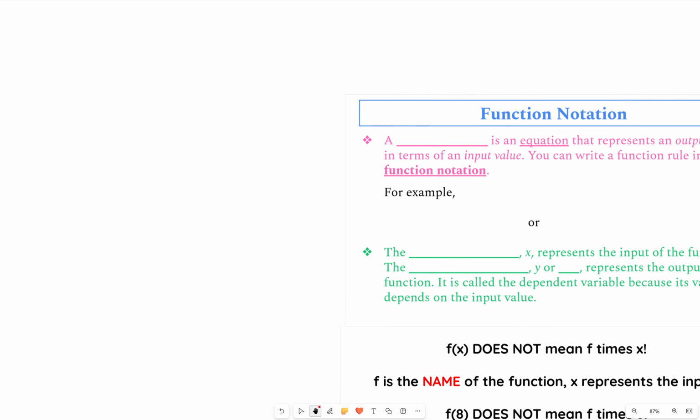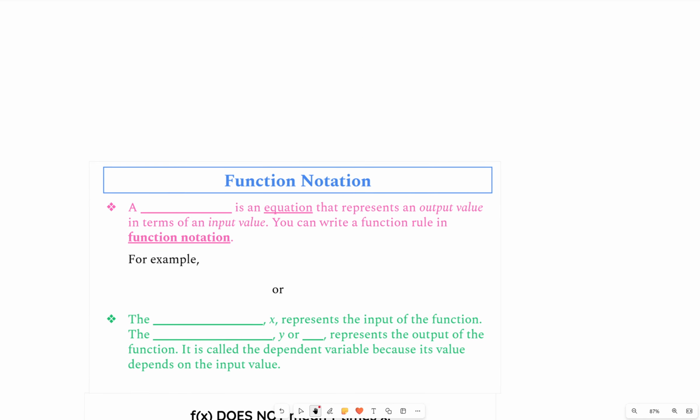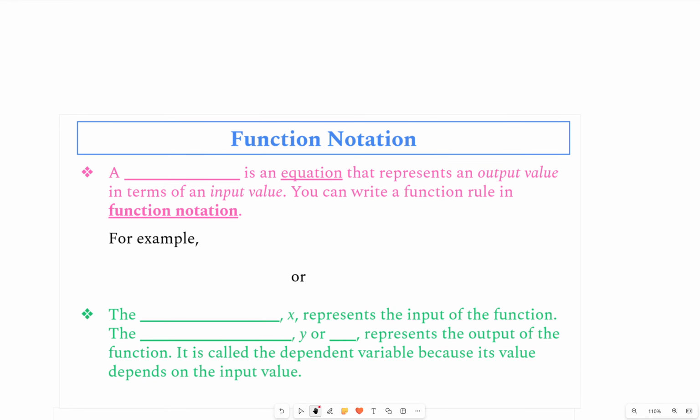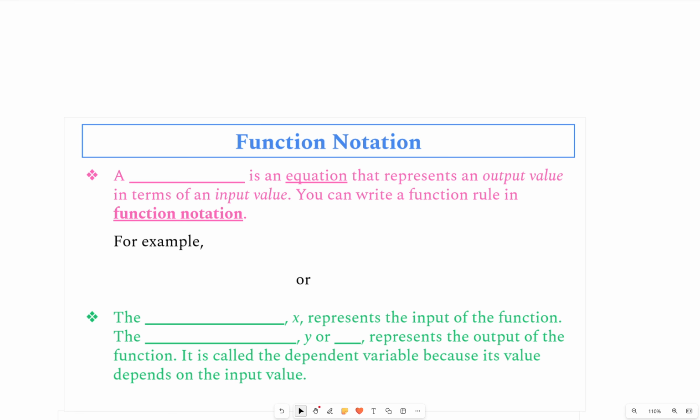Now for the notes. Admittedly, these notes are not my creation, but we will be using them. So a function rule, it's the first note, is an equation that represents an output value in terms of an input value.